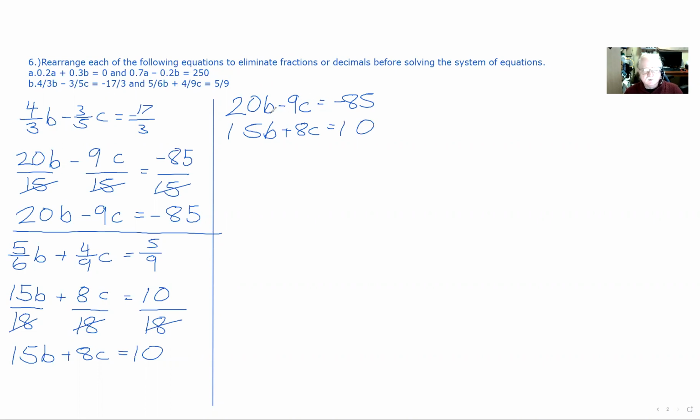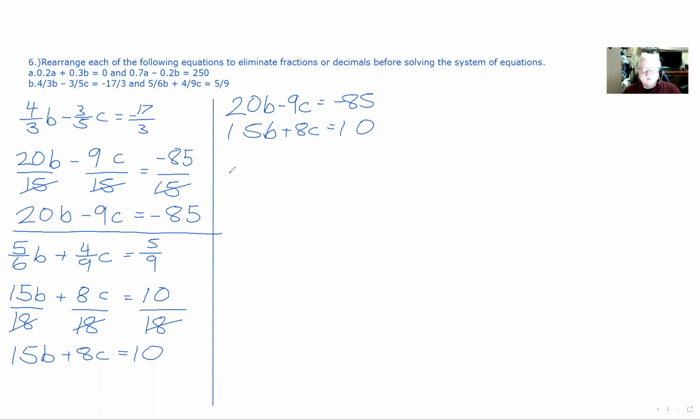As long as we're dealing with b and c being x and y, these are both in the standard form, so that's good. And now we're looking for a common multiple between either 20 and 15 or 9 and 8. So I'm going to look at the 20 and 15 and use a common multiple of 60.